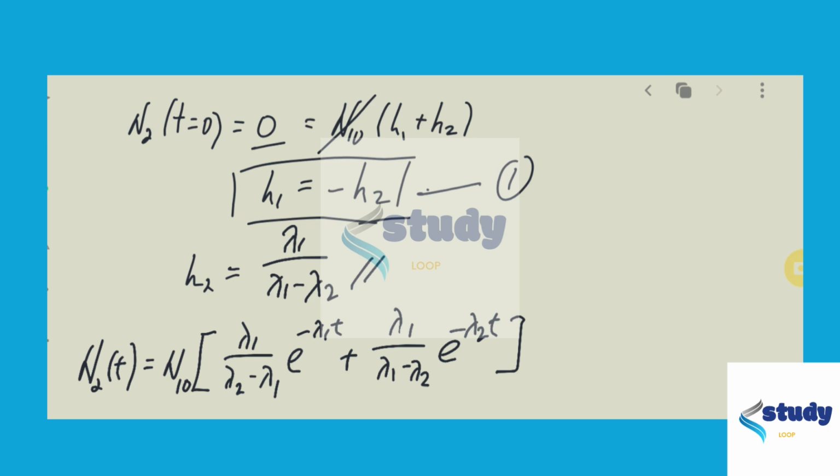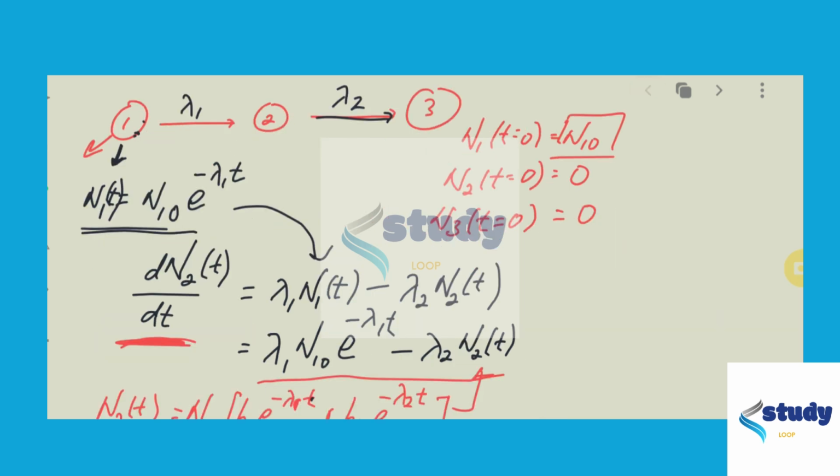And this is for a simultaneous decay, right? Where we start with only the primary nuclide at the start.